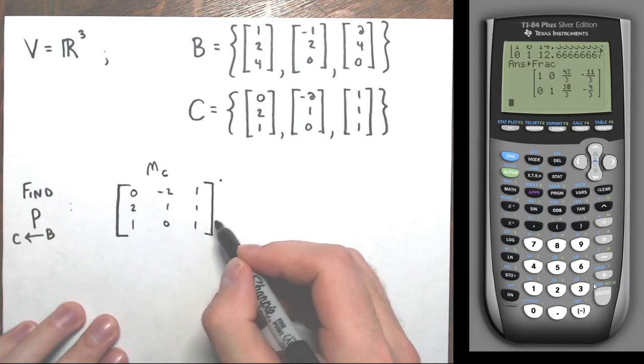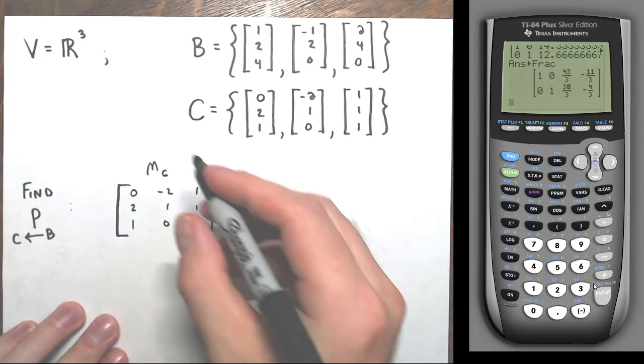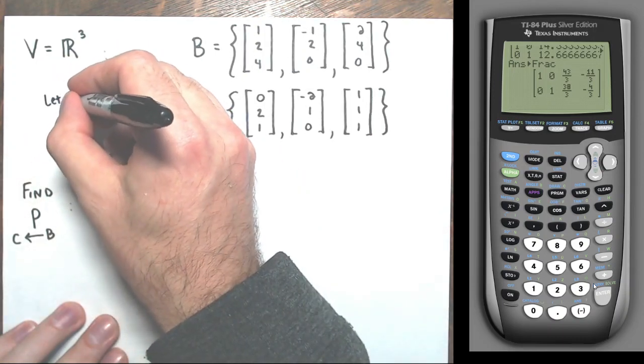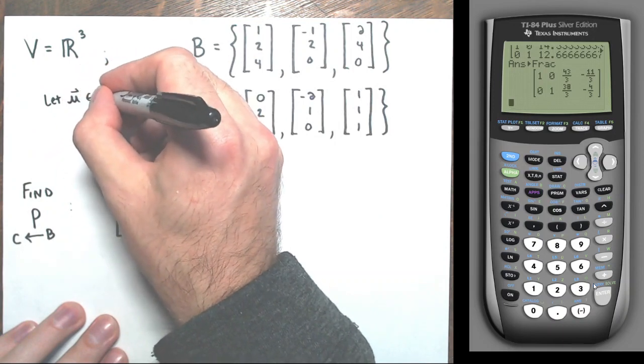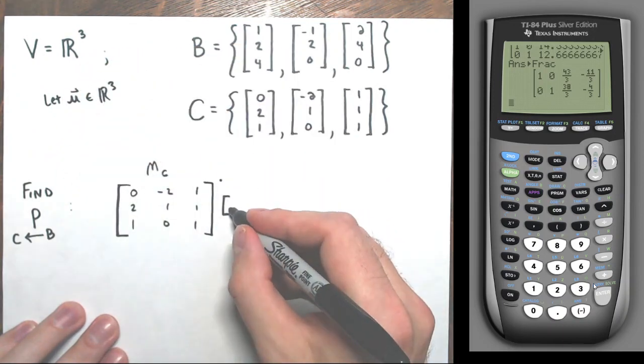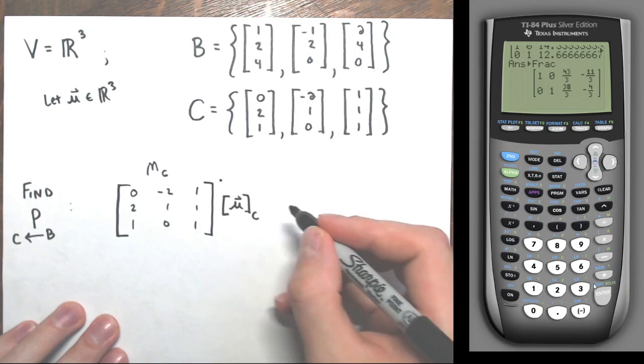And then this matrix times, and again, suppose I have some vector U that belongs to R3. So what are the coordinates of U with respect to C?